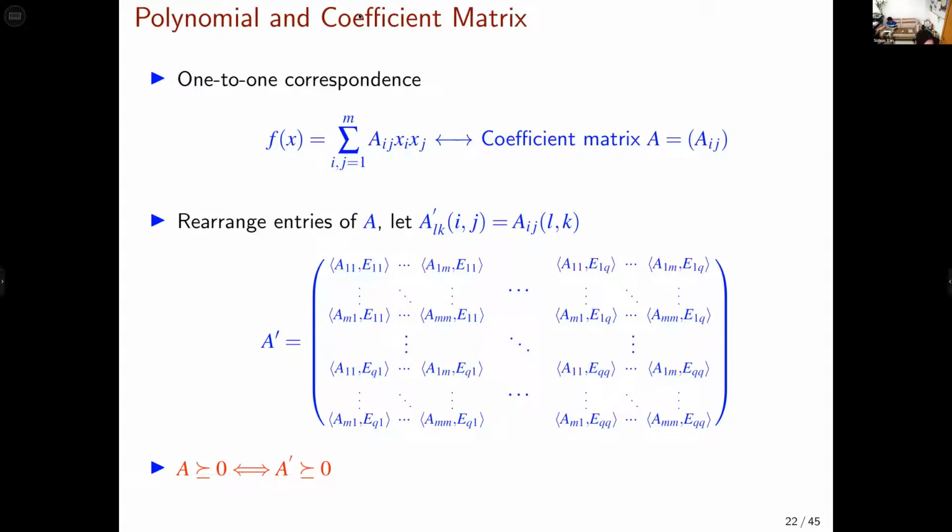This is the representation of A prime. This is a little confusing, but we should notice that we can get A prime after a unitary transform of A. So A is positive semi-definite if and only if A prime is positive semi-definite.